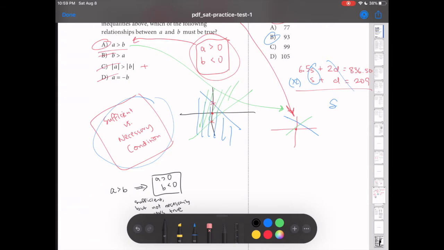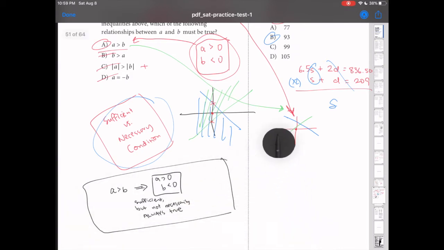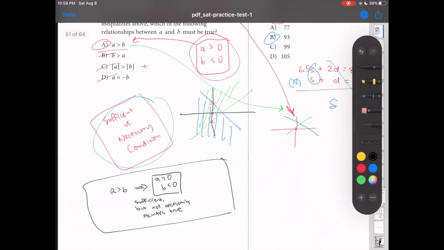Editor version of Alex here. Taking a look at this weird question, I wrote this to maybe better help us all conceptualize. We know that a has to be greater than 0 and b has to be less than 0. And we figured out that a greater than b would satisfy this choice in this case. So a greater than b is sufficient, but it's not always necessarily true.